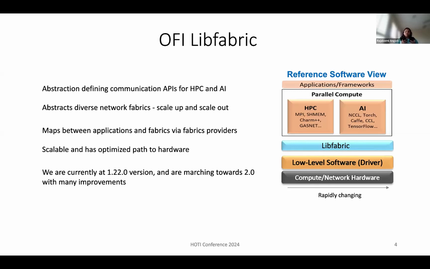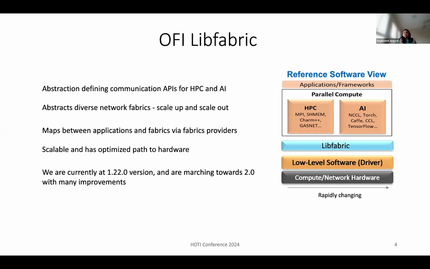The goal is to optimize the path to the hardware and provide a scalable communication that makes middleware and application developers' lives easy. Imagine if a developer has to program for all of this set of hardware. And it is not only the fabrics that is changing, but we also have compute elements that are changing, going from a simple CPU to GPU to DPU, IPU, and you name it.